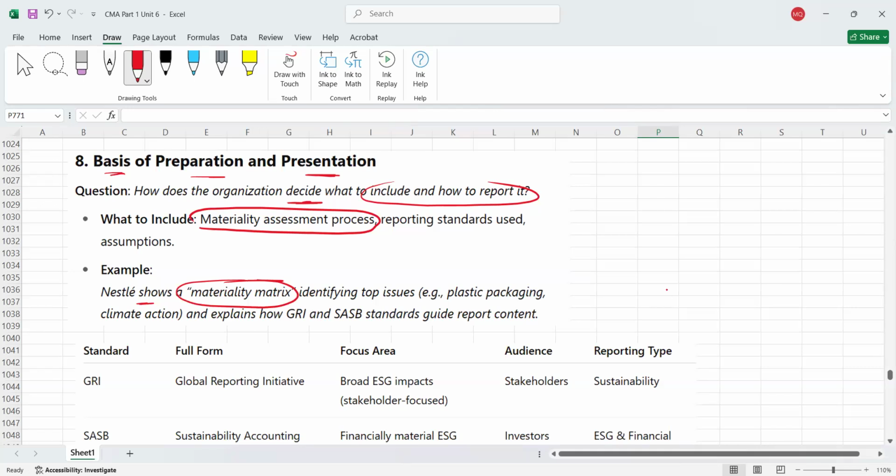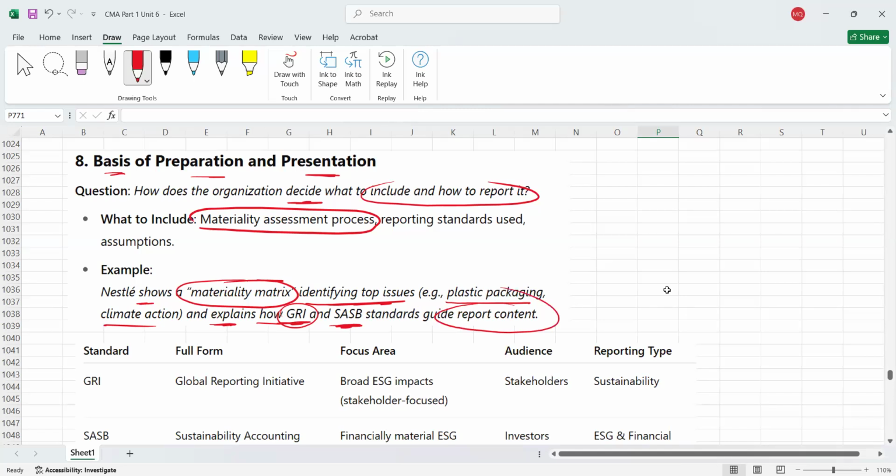They use the materiality matrix to identify the top issues. What are the top issues? For example, issues could be plastic packaging, climate action, etc. And it explains how they use GRI, which stands for Global Reporting Initiative, and SASB, which stands for Sustainability Accounting Standards Board, standards to create the content of the report.